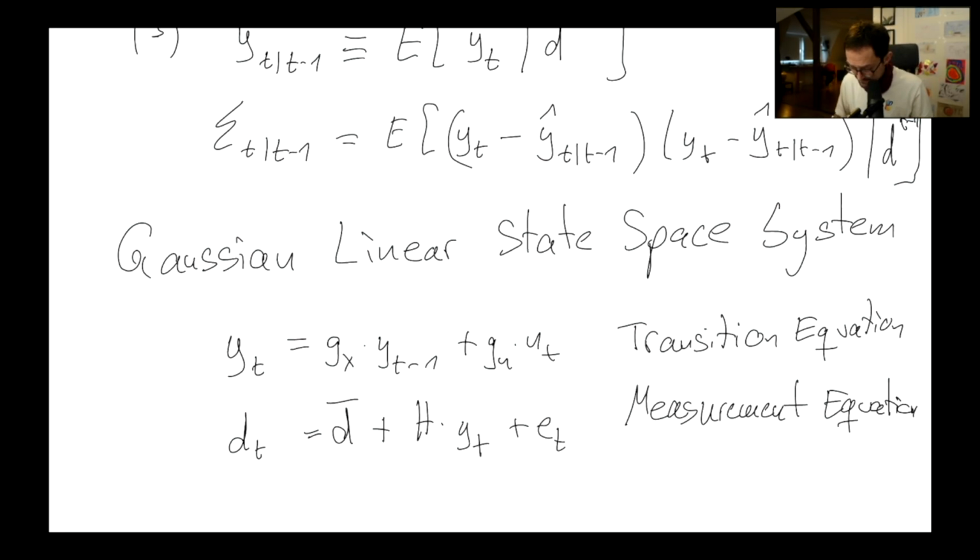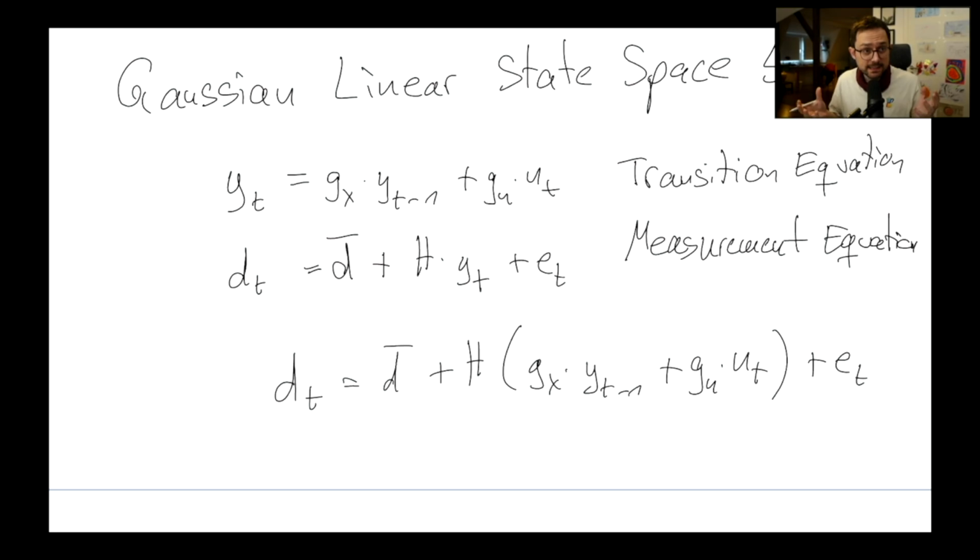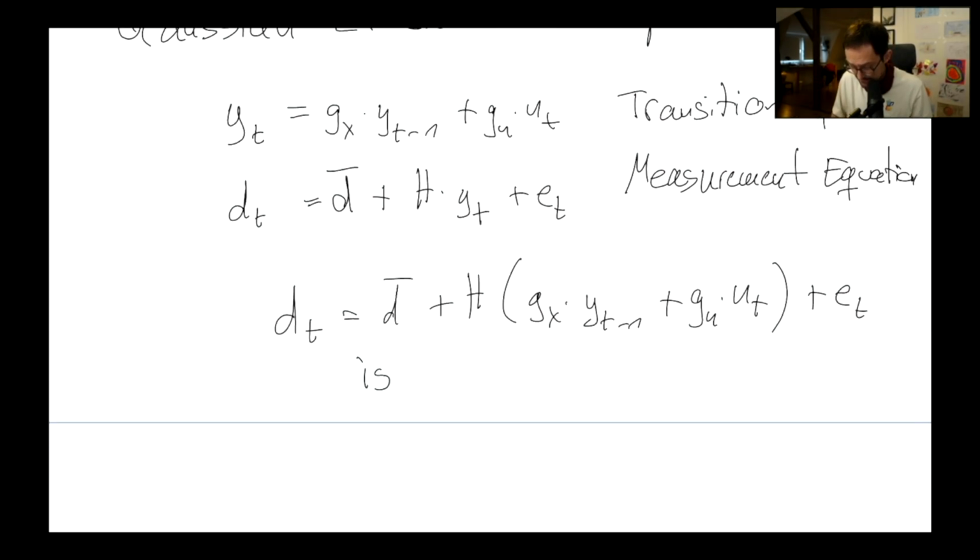What does this mean? Let's plug in yt. This means that our data, that is observable, is a linear combination of normally distributed variables. So it is also Gaussian. Okay, means dt is Gaussian.